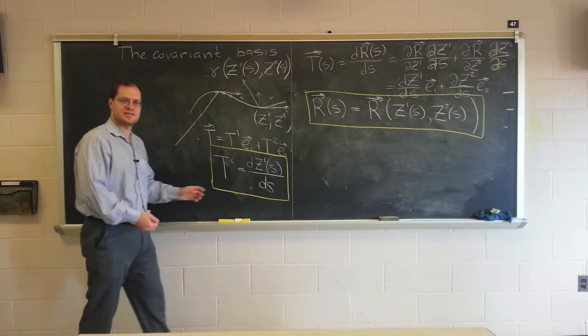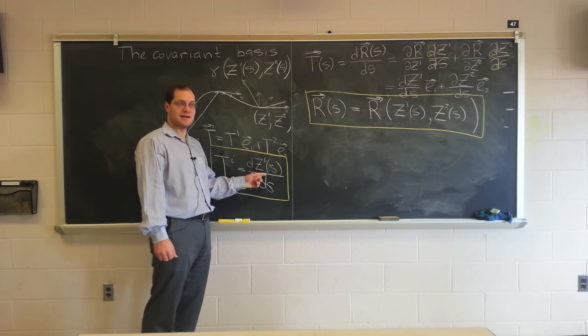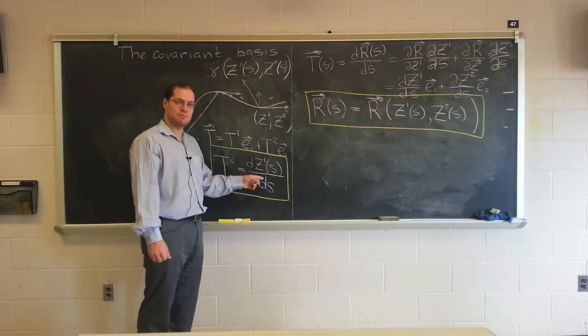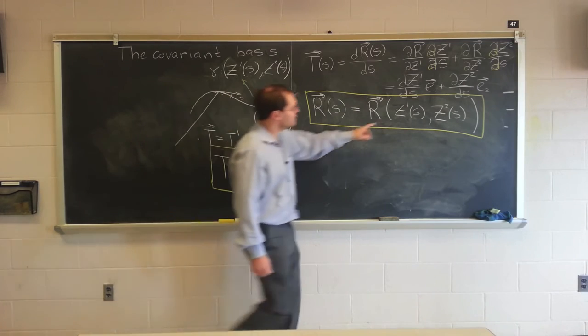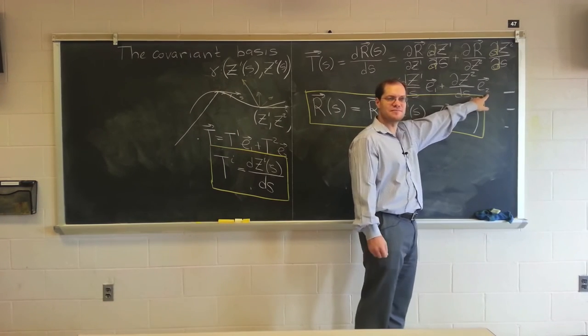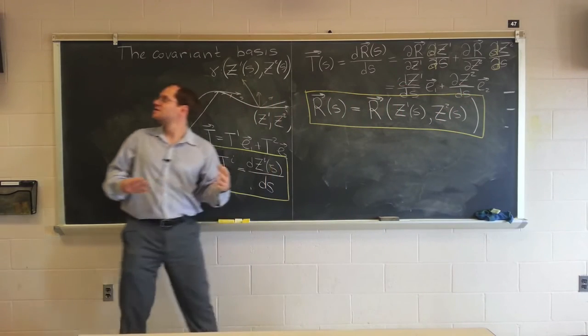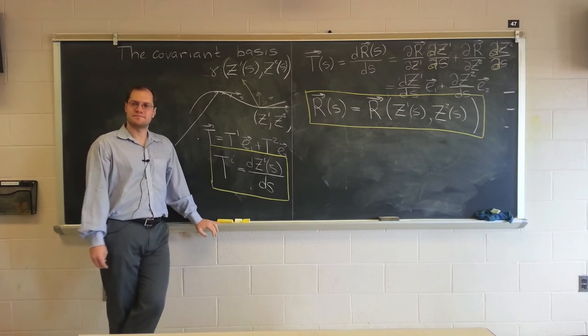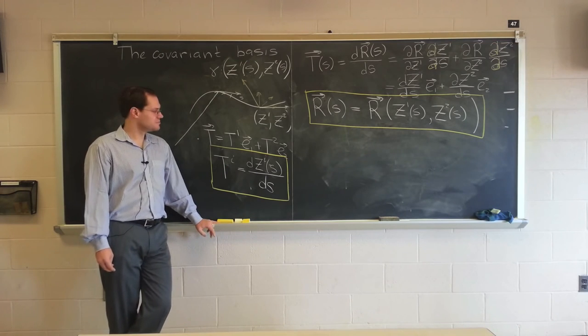Isn't that so satisfying? You just have to evaluate these derivatives, and they'll have some meaning. They will be the components of the unit tangent, but with respect to what? With respect to the covariant basis. So these things always work together, the components of a vector and the covariant basis. Beautiful.